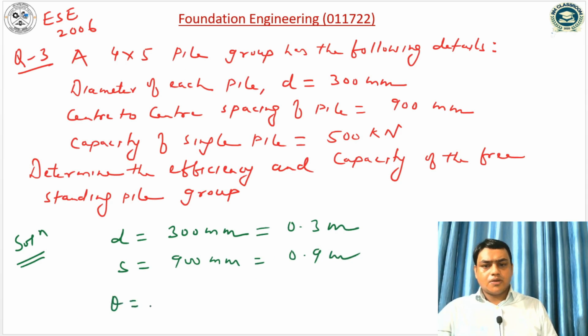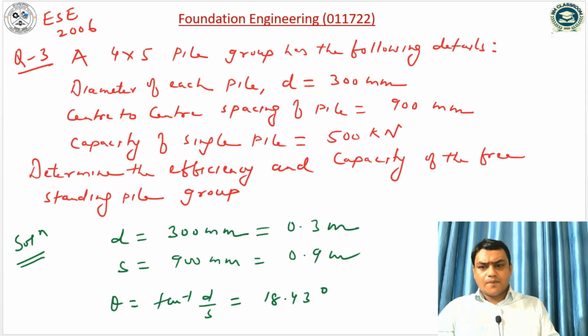So theta can be computed as tan inverse D by S, so tan inverse of 0.3 divided by 0.9. So it will be 18.43 degree.